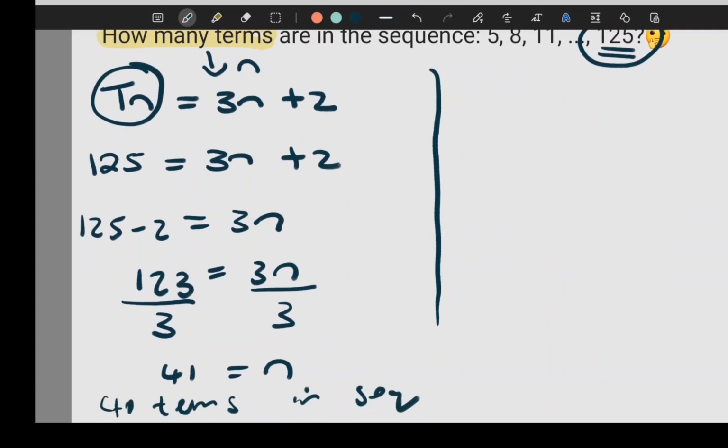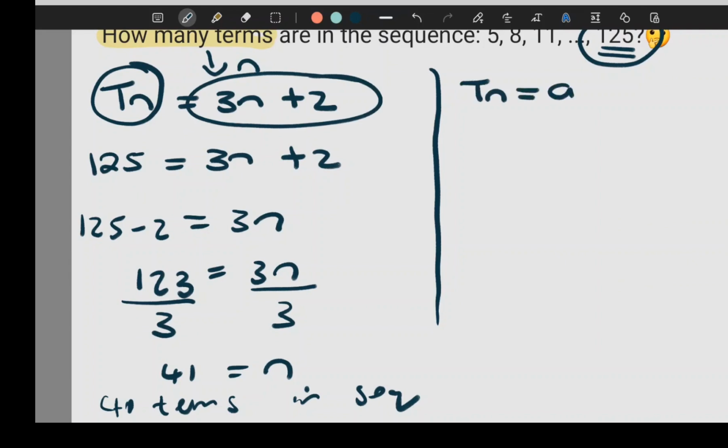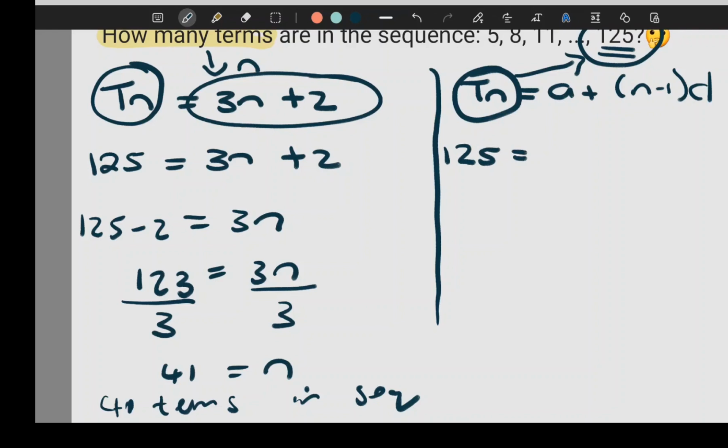Okay, that's one way. Let's say you did not know that this is the general term. Then you write the formula down from the formula page. This Tn you make equal to the last term. So 125. I'm only replacing A and D because I am looking for n. A is 5.